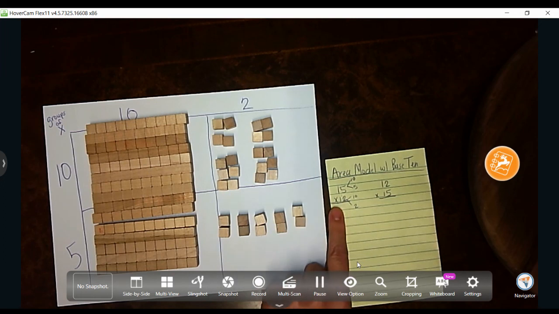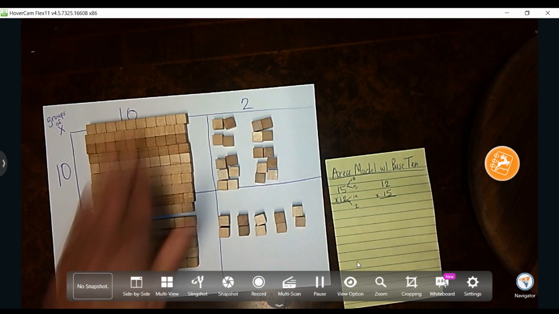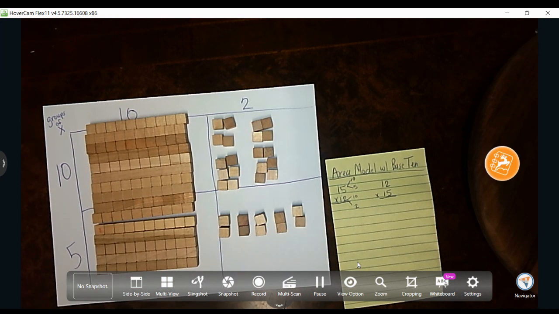So 15 times 12 is 180. I've added up everything in my blocks using my area model, and we see that 15 times 12 is 180.